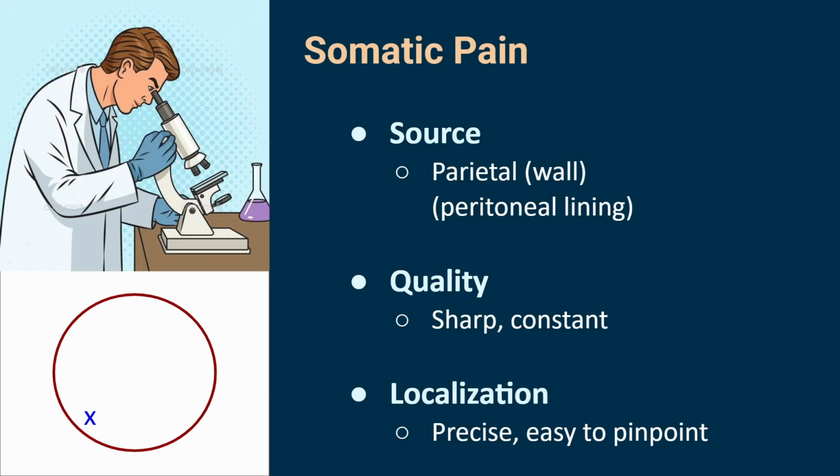So somatic pain is largely resulting from our parietal. Parietal means wall. If you're able to pinpoint exactly where you're hurting, we're starting to think that it's not just organ involvement, it might also be the peritoneal lining, which is peritonitis, or at least indicative of. We describe somatic as largely sharp, and it's often constant. Ow, ow, ow.